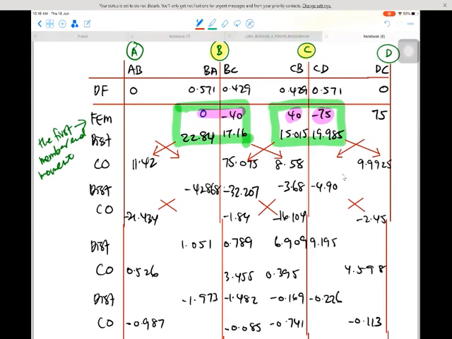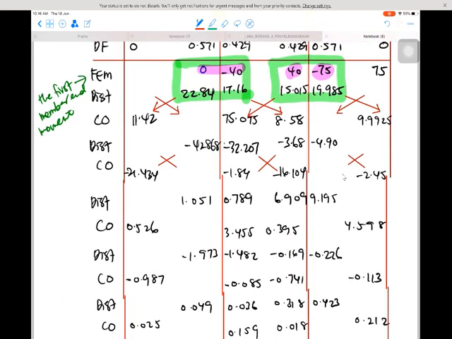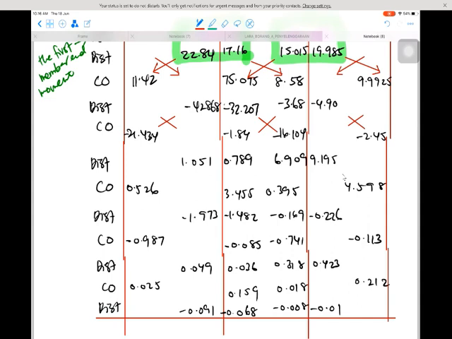For AB, we are going to determine the moment MAB. We start from 11.42 minus 21.434 plus 0.526 minus 0.987 plus 0.025. So we get negative 10.